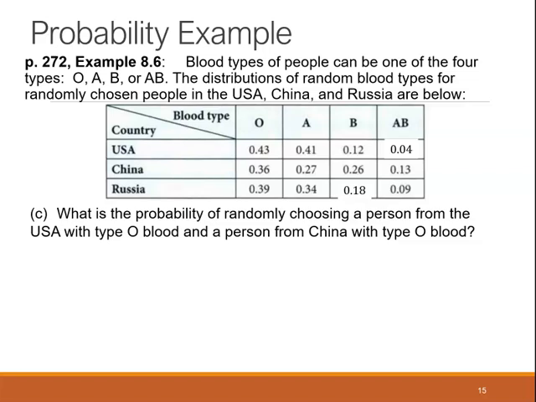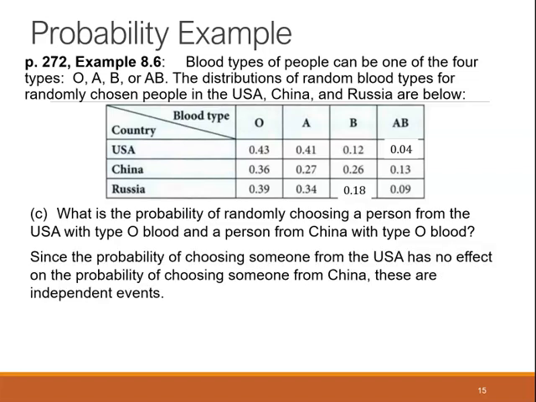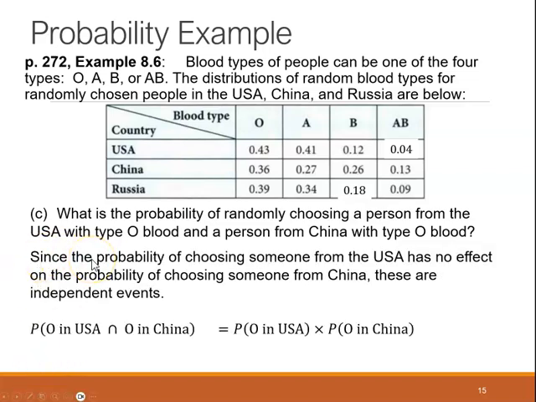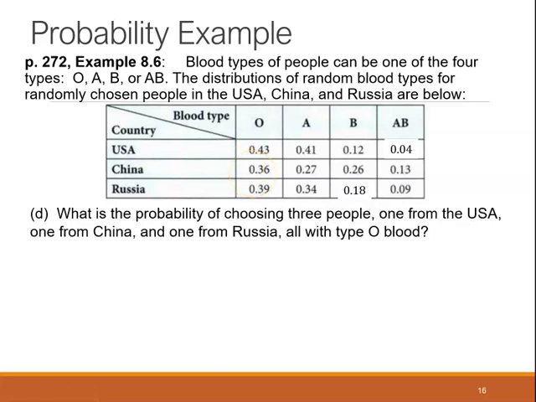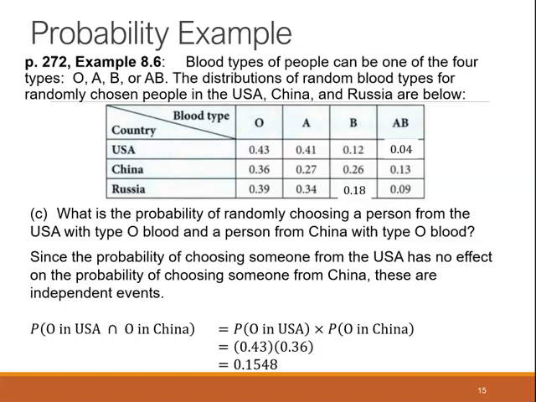Are blood types between countries independent? Is the person's blood type in the US going to affect the person's blood type in China? No, that seems completely implausible. So these are independent events. So the probability of O in the US and O in China is just going to be the probability of O in the US times the probability of O in China. So 0.43 times 0.36, or 0.1548.